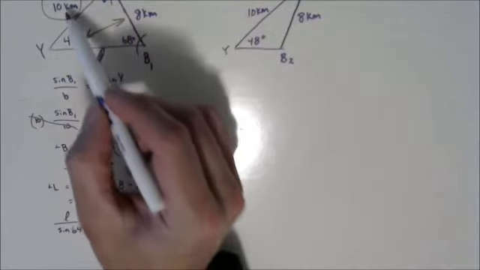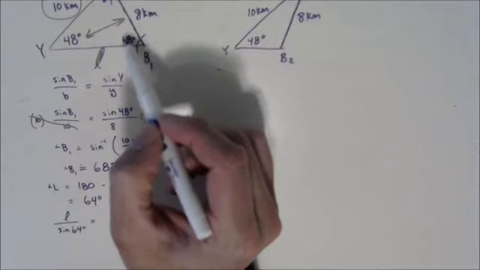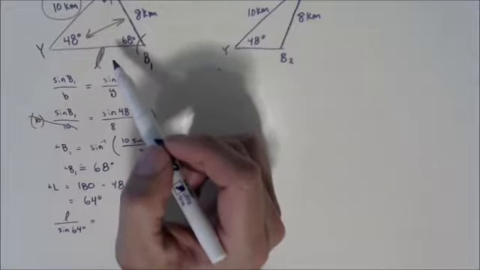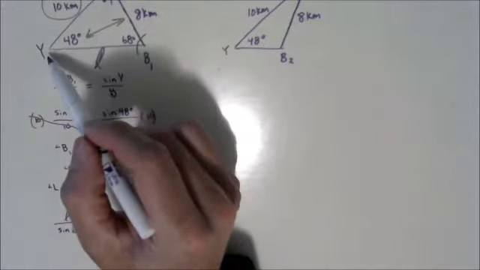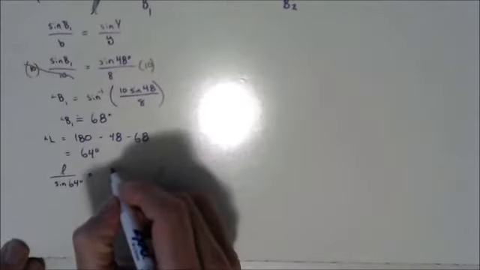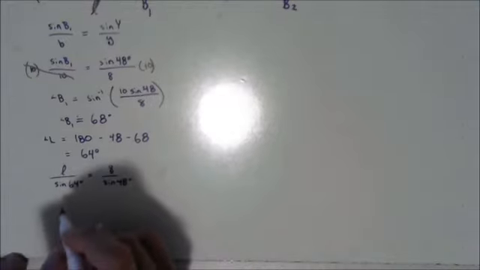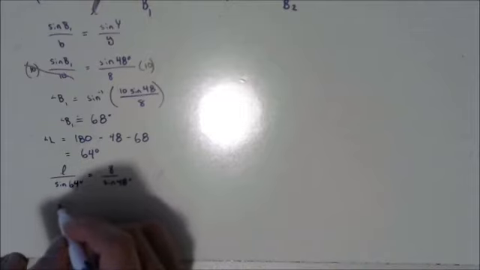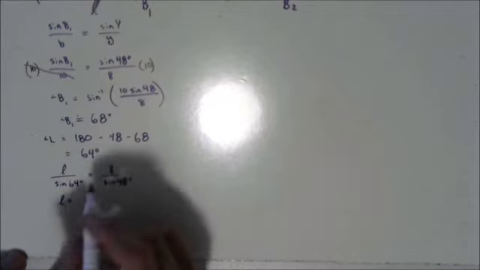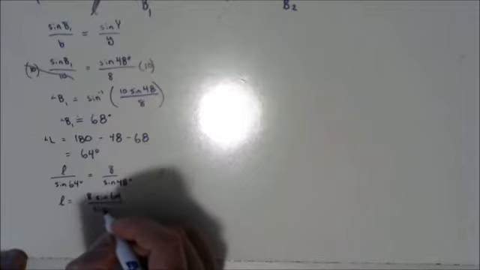I'm not going to use B and sine B because this 68 degrees is not exact. It's already rounded, so if I use that rounded answer to get another answer, it's going to have a greater margin of error. So I'm just going to use the information that they gave me: angle Y and side length Y, which is 8 over sine of 48. Multiply both sides by the sine of 64, so that side length L is 8 times the sine of 64 all over the sine of 48.